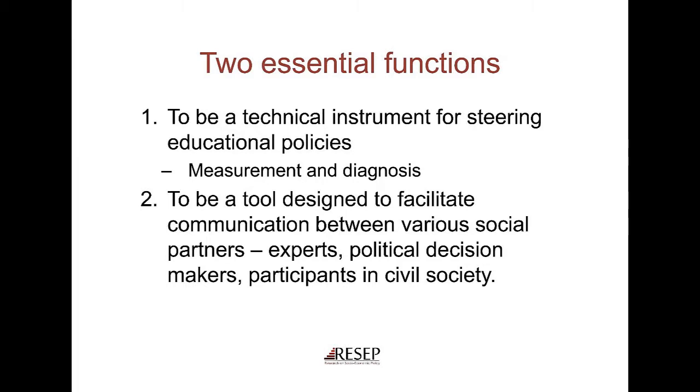And then very important, both are important, but what I really want to emphasize is that it's also a tool designed to facilitate communication between different stakeholders, specifically participants in civil society. So this morning, Safar spoke a bit about parents and principal agent problems.